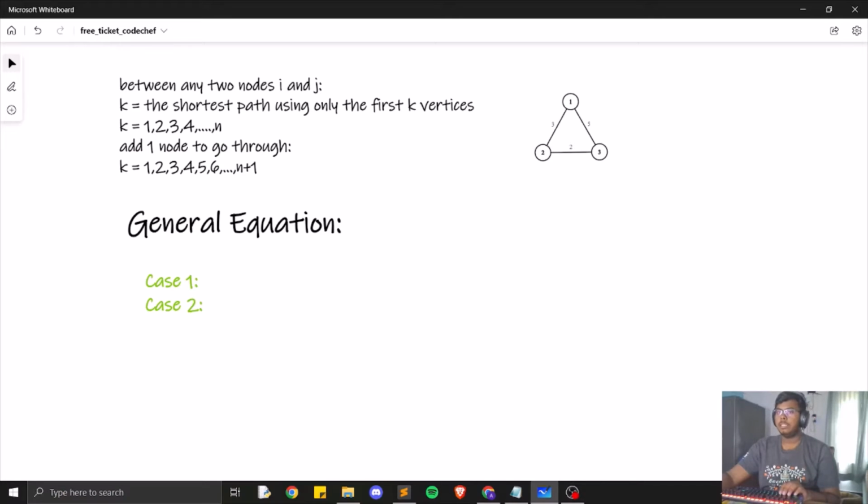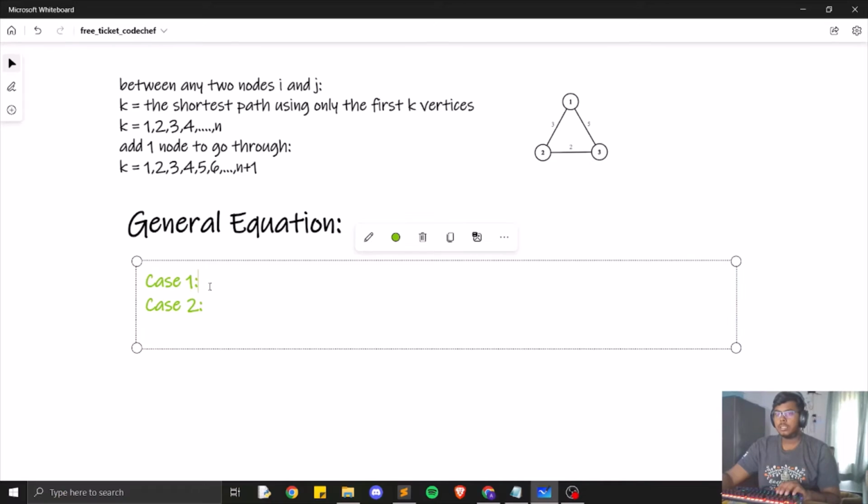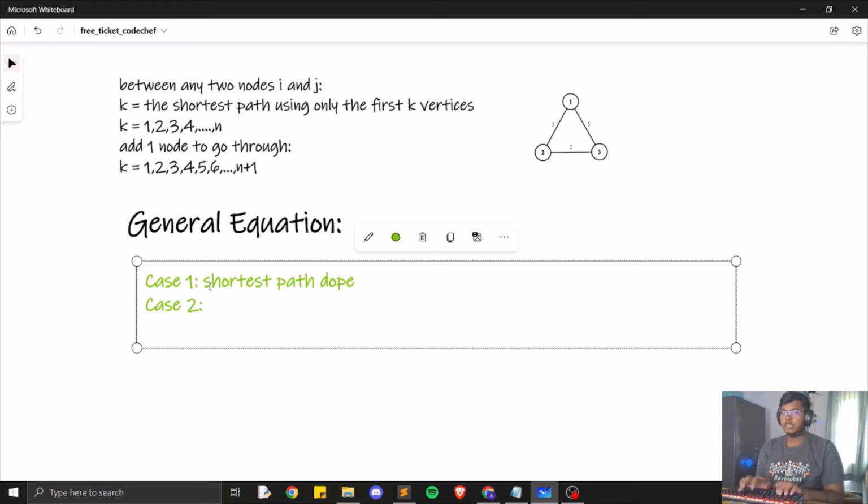Now let us write the general equation which we formed using these examples. Case 1 is when the shortest path does not change with the addition of a new node.